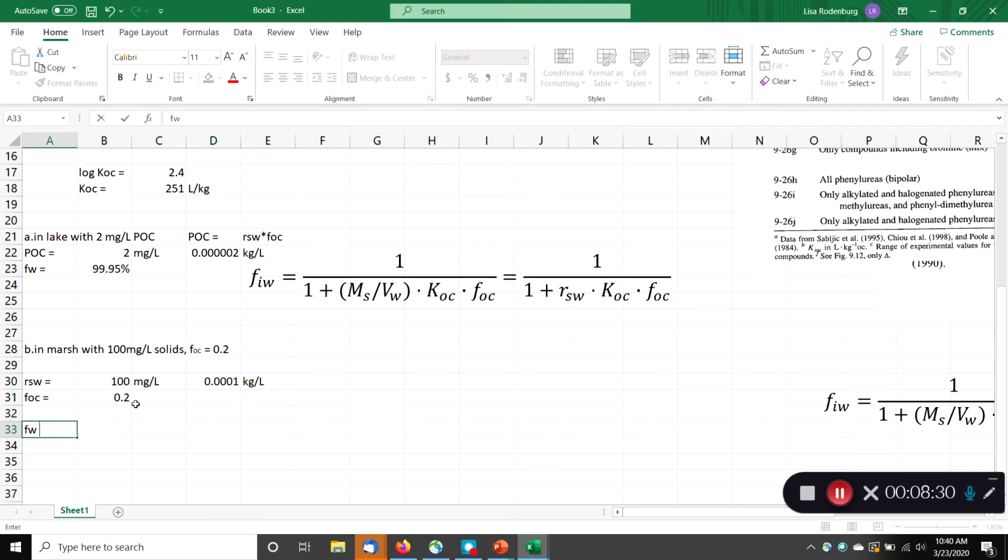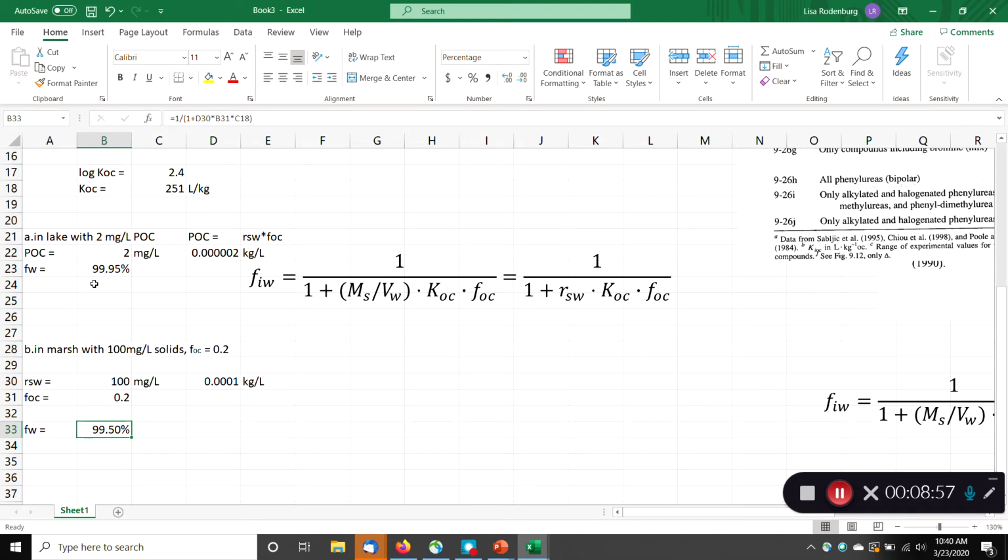100 times 10 to the minus 6, that's how many kilograms per liter of ratio of solids to water we have. So now our FW is equal to 1 divided by 1 plus the ratio of solids to water times FOC times KOC. Booyah! Now it's 99.5%. So it's still mostly dissolved.